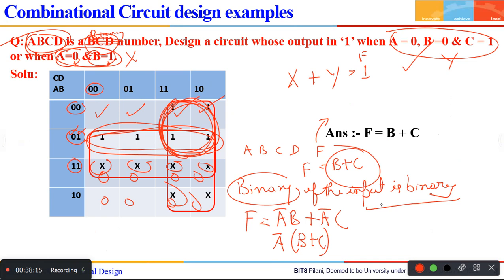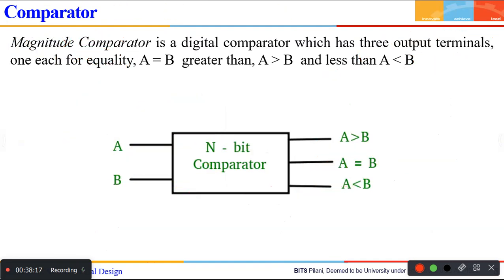Now let us see one more topic. I said comparator. It can be a single bit comparator, it can be a 2-bit comparator, 3-bit comparator, it can be an n-bit comparator in general, right? So how many outputs are there from your comparator? 3 outputs: equal, greater, less than, right?